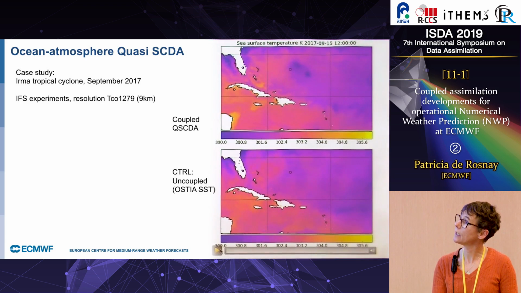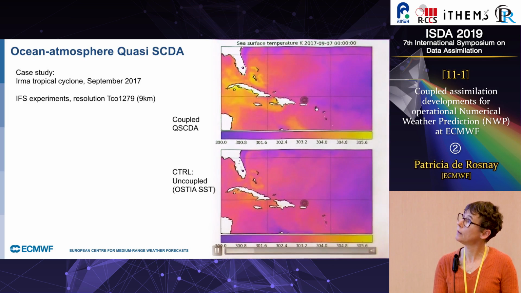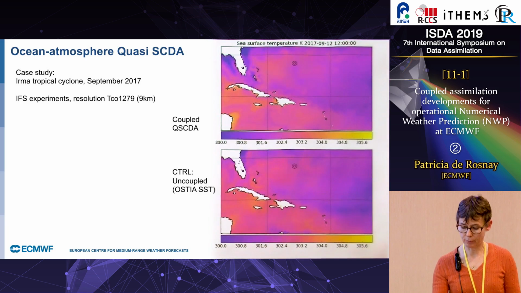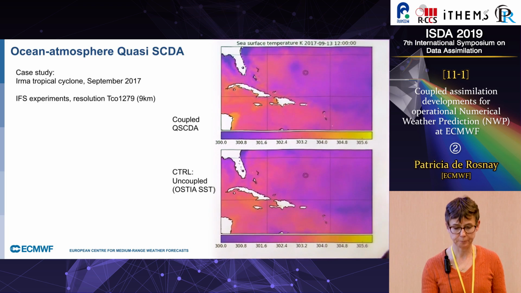So I will start again. In the coupled assimilation, when you follow Irma, you can see a cold wake, which is not at all seen in the uncoupled case at the bottom. So this is the sort of benefit that we have from coupled assimilation in our system.